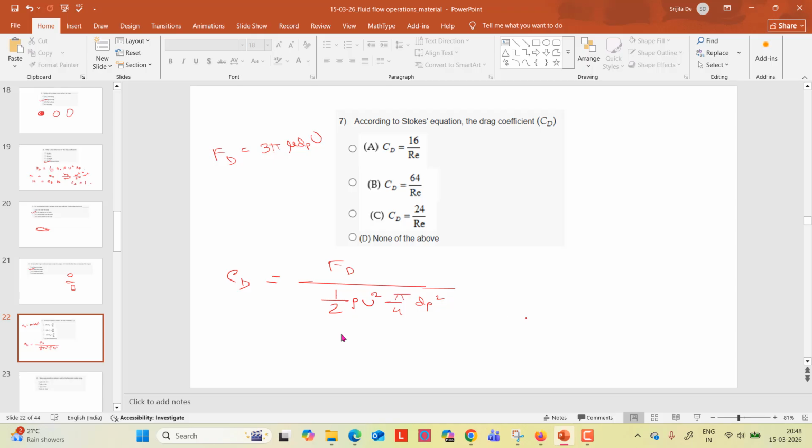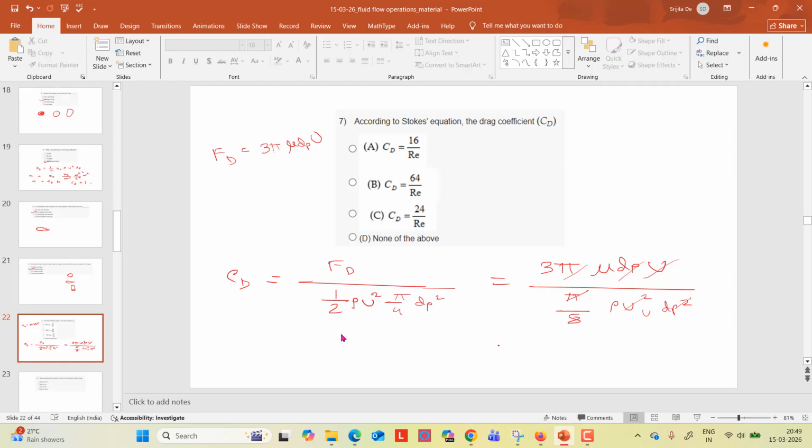So if you put this 3 pi mu dp U by pi by 8 rho U square dp square, right? So pi will be cancelled out. 1 U will be cancelled out. 1 dp will be cancelled out, right?